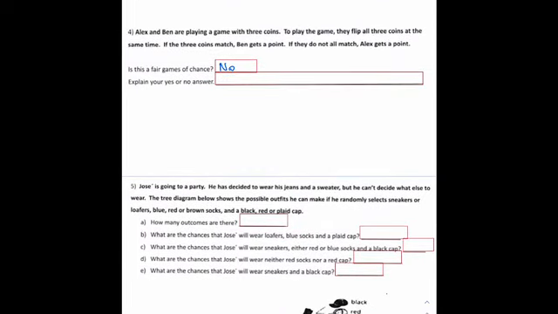I would like to start with the first coin. Flipping the first coin will give us either heads or tails, right? And then when you flip the second coin, you will have either heads or tails again.